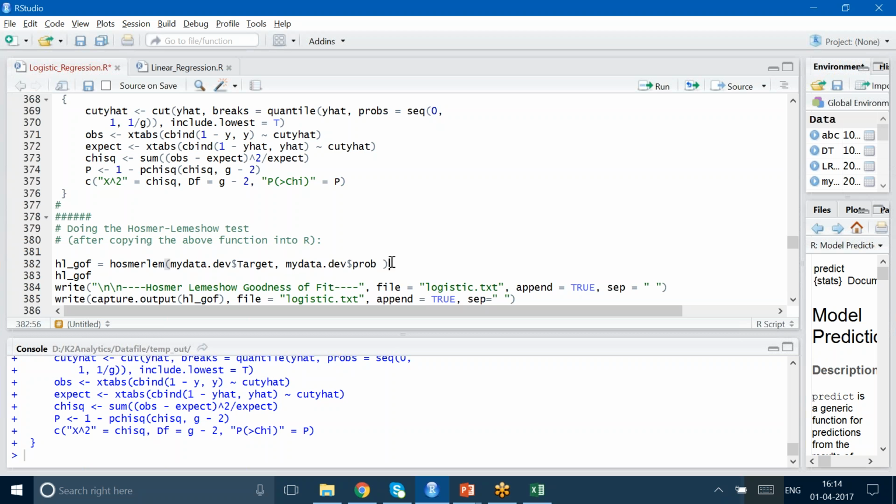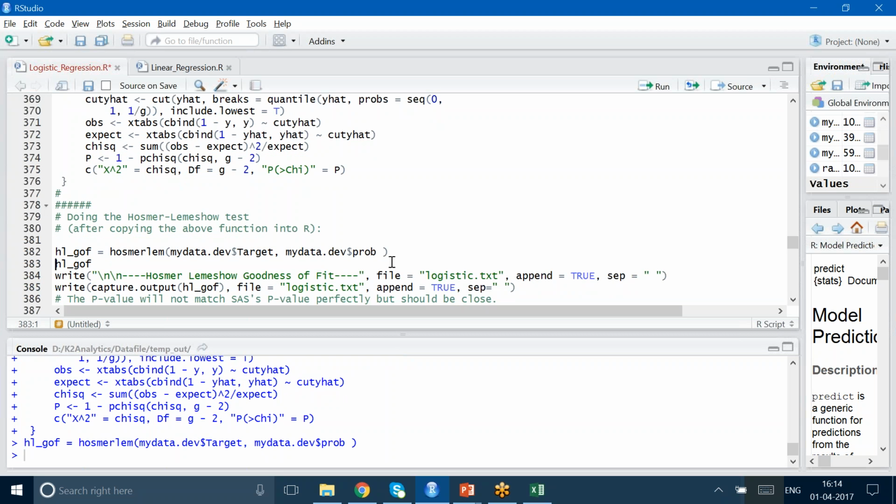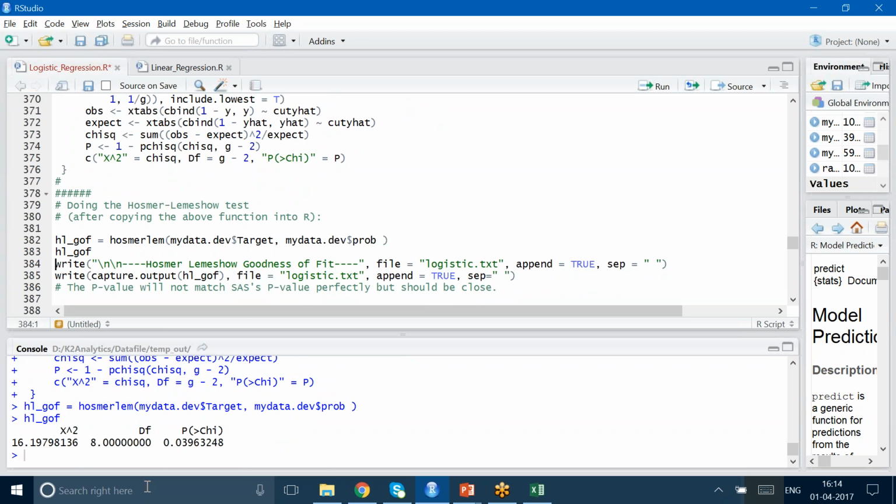So I'll pass these two to this. It computes and gives me the calculation. The chi-square it is computing is 16, the degree of freedom is 8, and the p-value is 0.039.